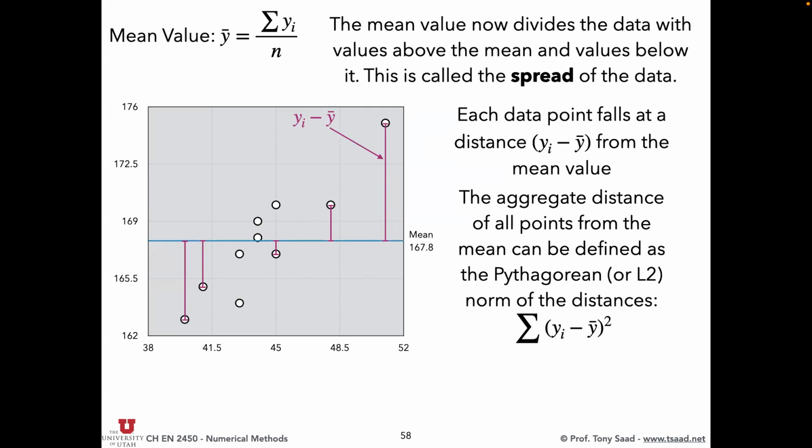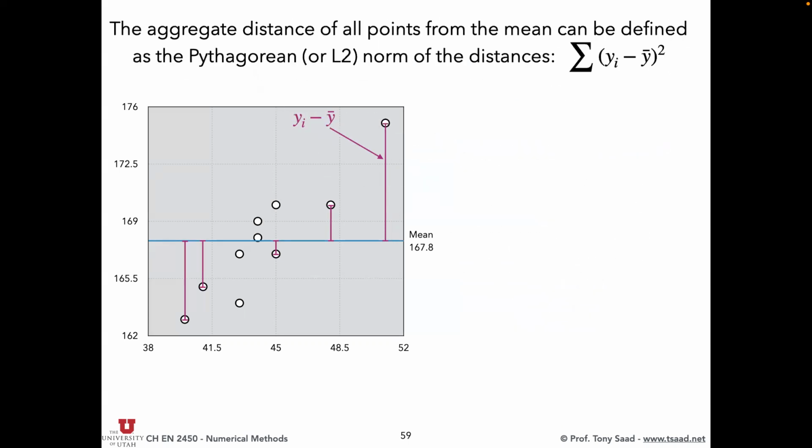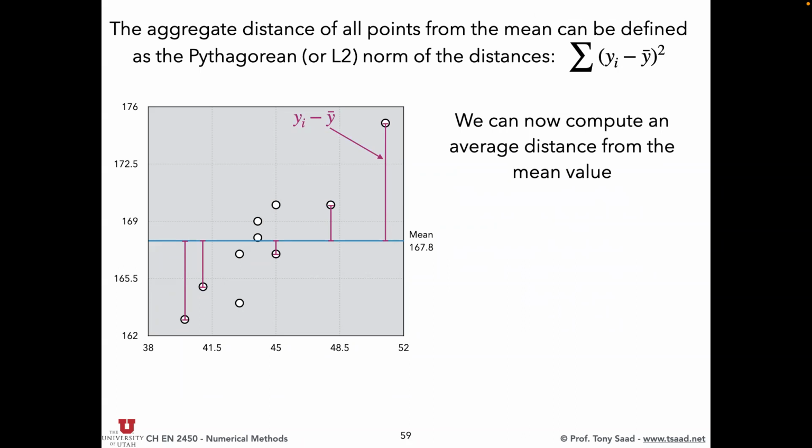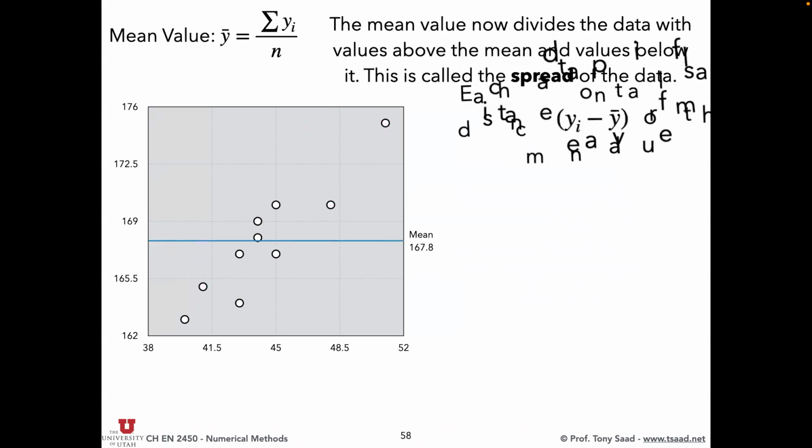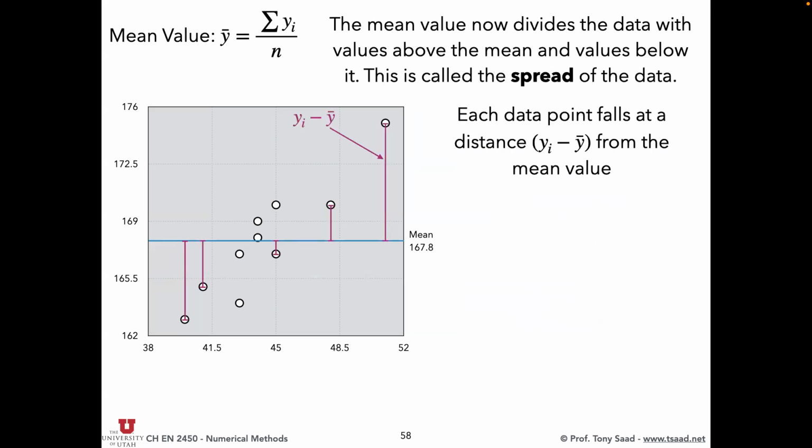We haven't checked the units yet, but this gives you an average distance from the mean. How far on average are the data spread around the mean? Great. So that was the aggregate distance. The units are still squared, yi squared, the units.